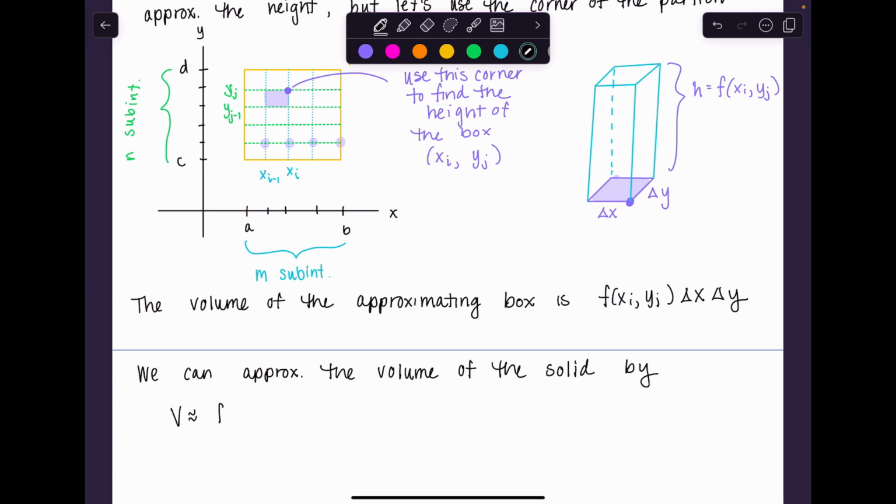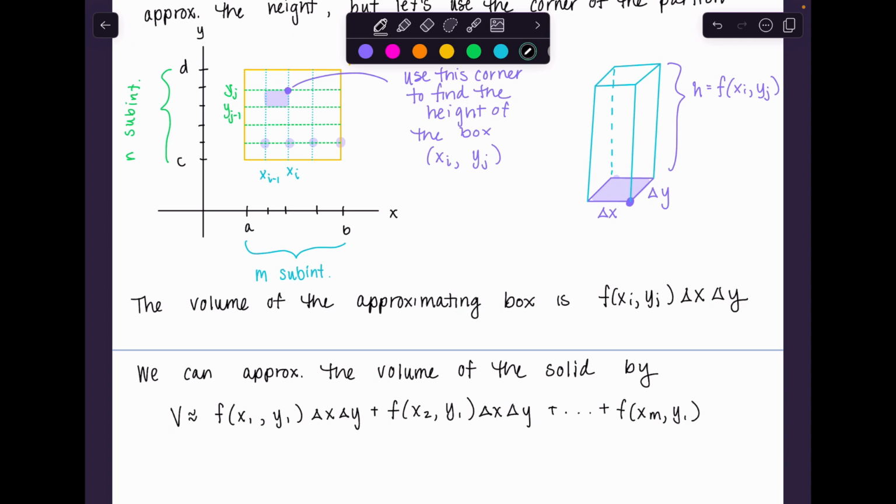So to find the heights, you run through every x value, and then you times it by delta x and delta y. You get the next x value, but y is still the first one we're using. And then I keep going until I hit my last endpoint, which would be xm, because there are m subintervals. And my y is still on that first row.